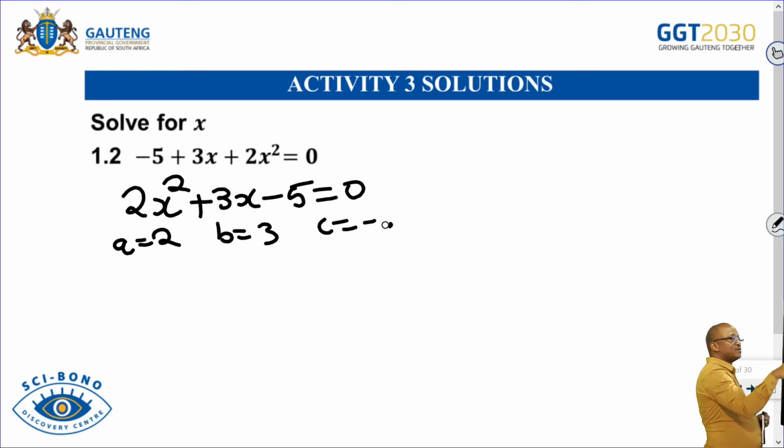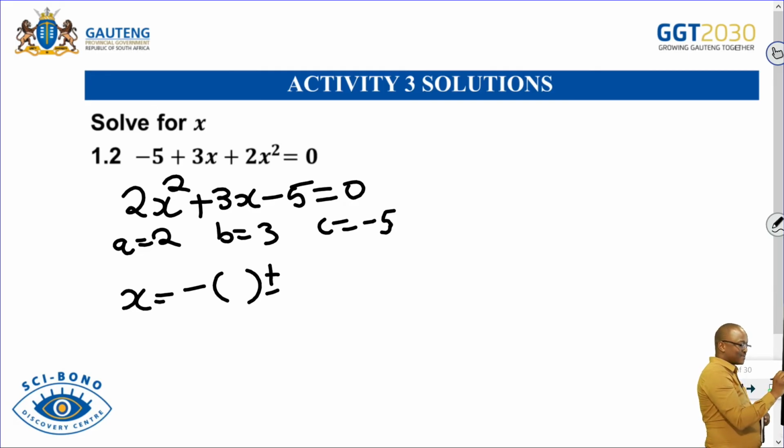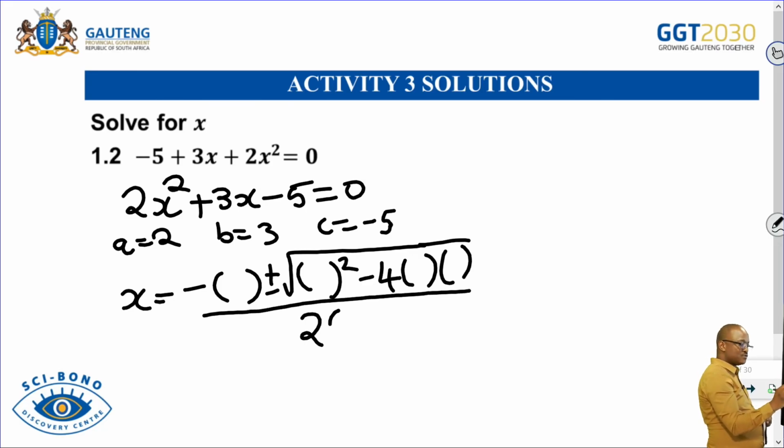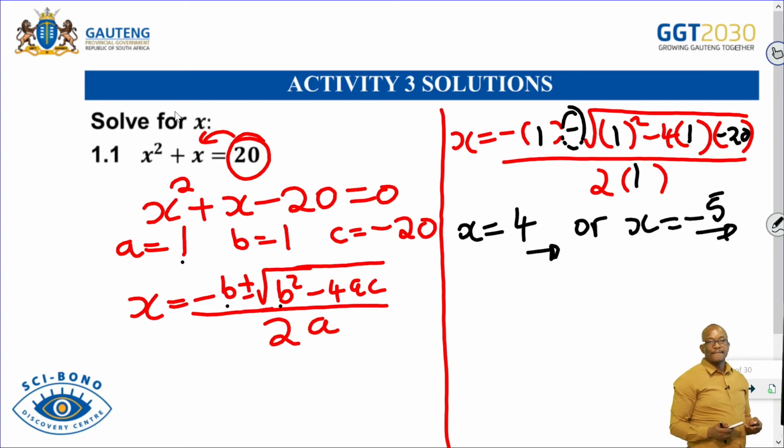Then using the quadratic formula, x is equal to minus b plus minus the square root of b squared minus 4ac all over 2a. So that's how it looks like.